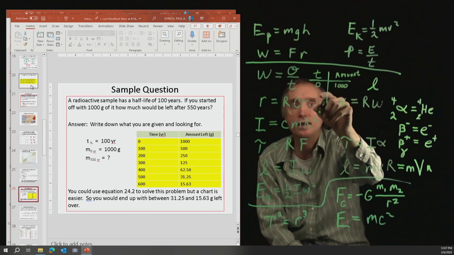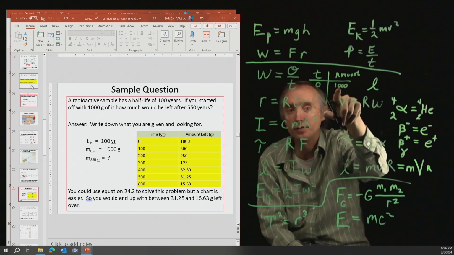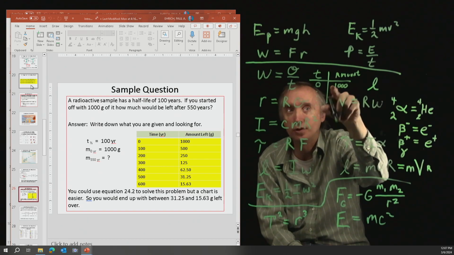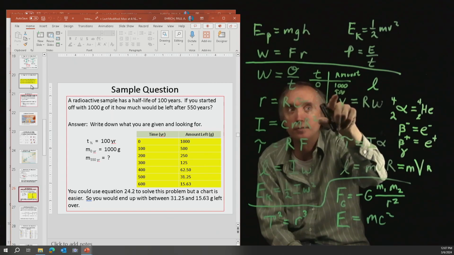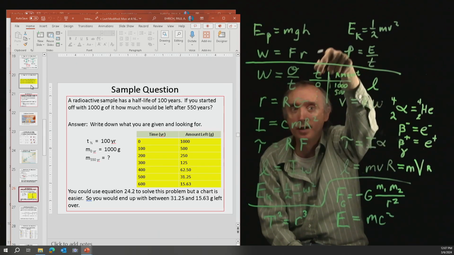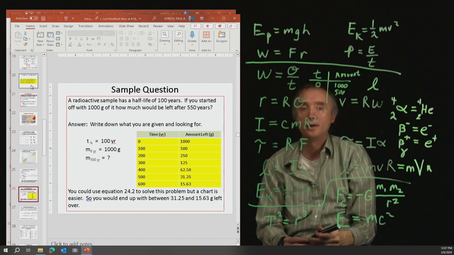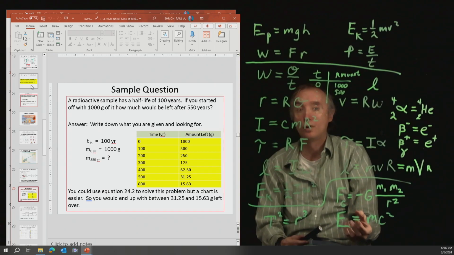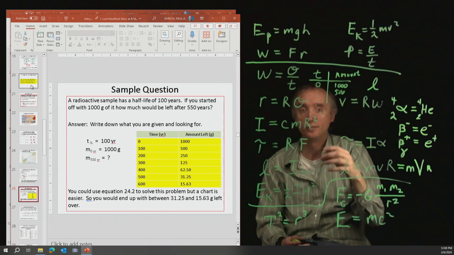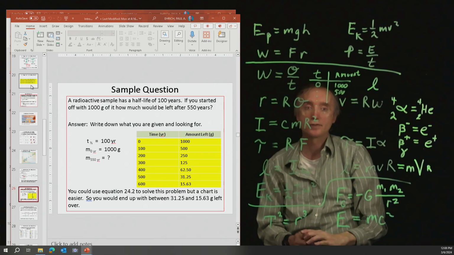At the end of 1 half-life, take this number, divide by 2, and put it here. At the end of the next half-life, divide by 2 and put that number down here. You just keep going down until you reach your desired amount of time or the desired amount of material that the question asks for.